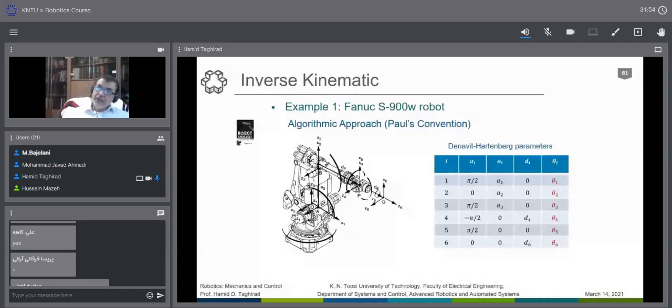So when we move this link, which is actually the third link here, this link is parallel to this one. So by moving this one, we can move this. We can use the weight compensation as you see here in the mechanical structure of that.